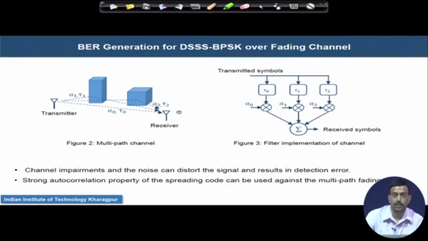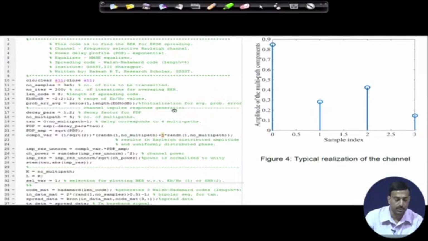Essentially, what I am trying to say is, spreading basically gives you diversity, which helps in reducing the effect of multipath channel. So that is our objective, to find out the performance of such a spread spectrum system over a multipath frequency selective channel.